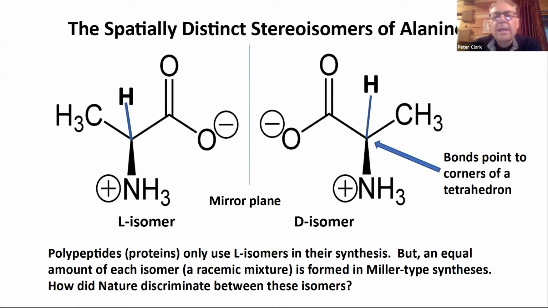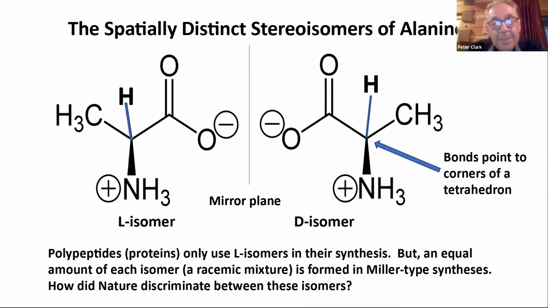Okay, now I asked the question right at the beginning, why did life only use so-called left-handed amino acids in the production of polypeptides and proteins? Here, for those who are not familiar with this subject, is a picture of alanine, and there are 2 stereoisomers which are distinguished only in the sense that they are mirror images of one another.